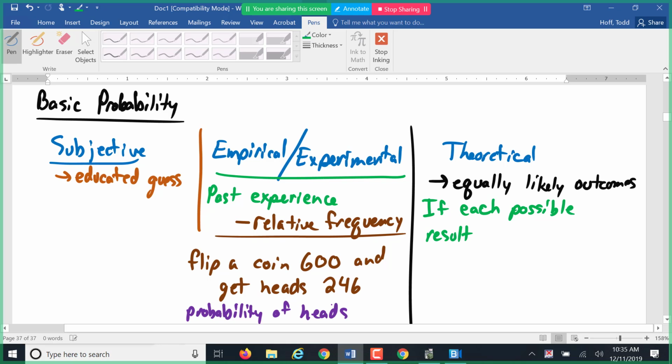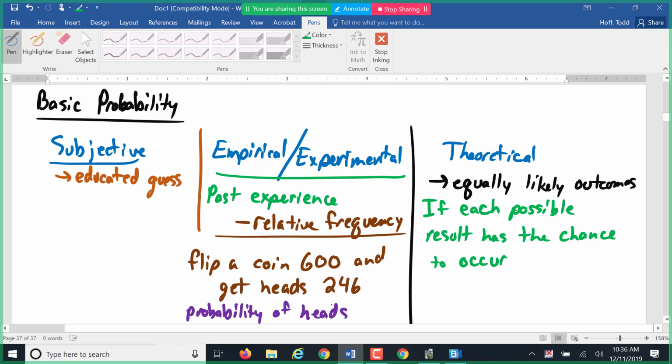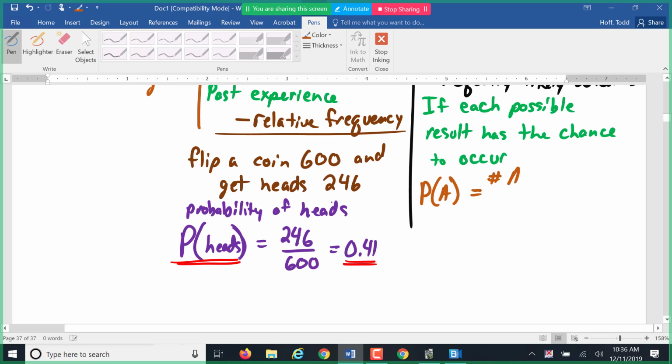Equally likely means each possible result has the same probability of occurring, or the same chance to occur. Then the probability of having a result with characteristic A is just equal to the number of results that have characteristic A over the total number of results.